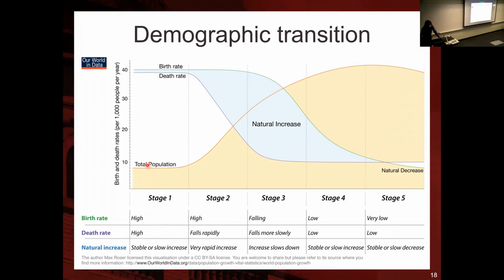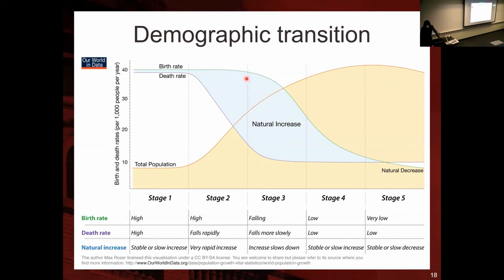But overall, you pass from stage 1 of high birth rates, high death rates, and kind of a stable or a slow increase in population size. Birth rates still high in stage 2, death rates fall really fast, and you have this huge increase in population size.